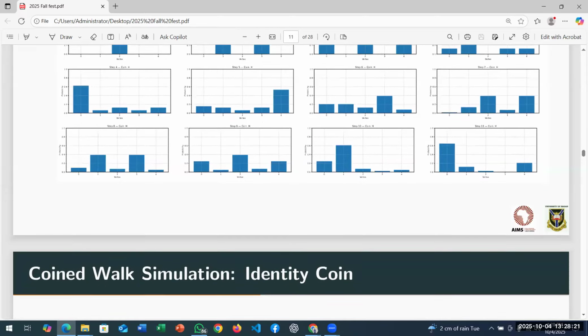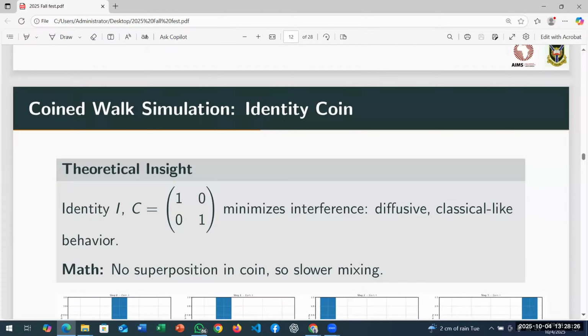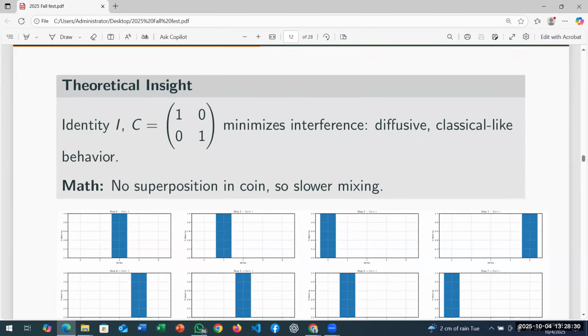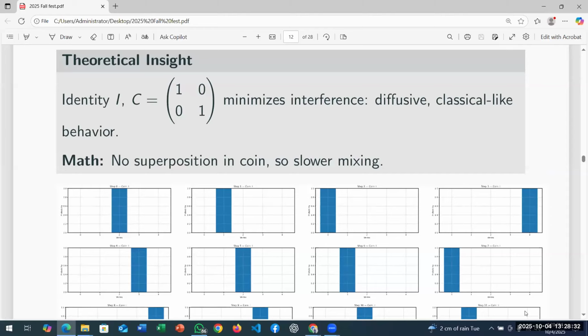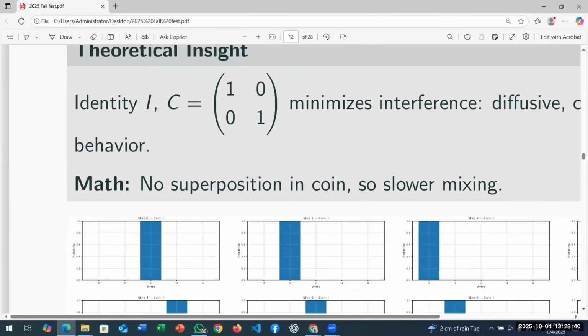Now, another thing that was considered is the identity coin. Let me bold this also for us to see. Vertex 2 was also chosen as the initial state of the quantum worker.